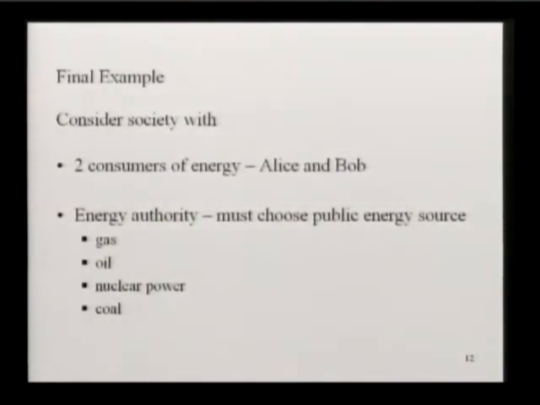And of course, what it would like to do is to choose an energy source which is good from the point of view of the consumers, Alice and Bob. But the whole difficulty is that the energy authority doesn't know what Alice and Bob actually want.